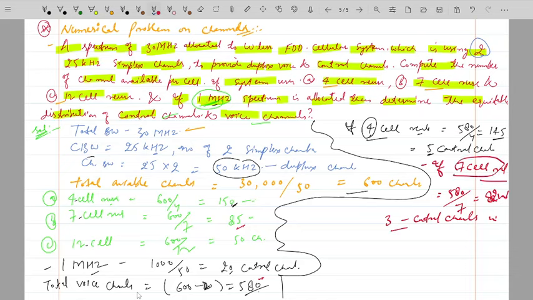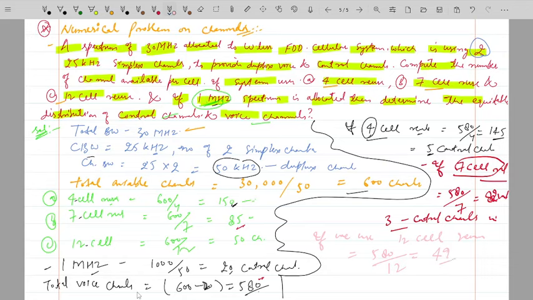And for the last, third case, if we use this 12 cell cluster reuse system, then the total number of voice channels we have is 580, and dividing these total voice channels by 12, how much will we get? We will get 49 voice channels.